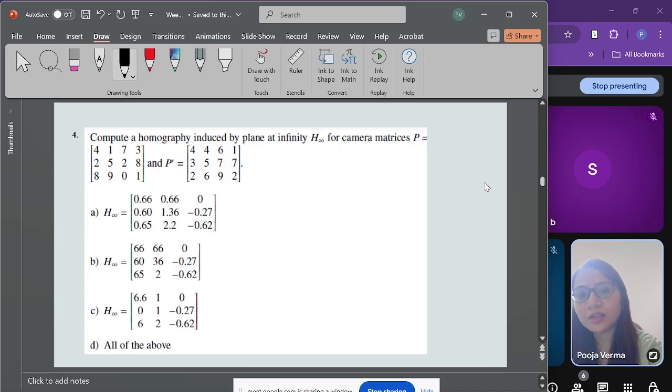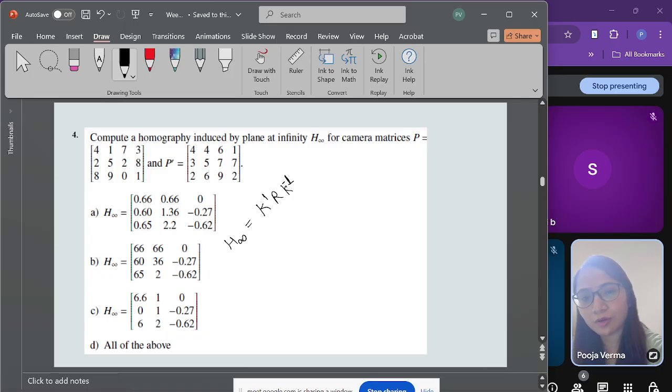To calculate the homography induced by the plane at infinity, we already know the formula: H infinity equals K dash R K inverse. It relates the images of the same 3D points under two cameras projected onto the plane at infinity.